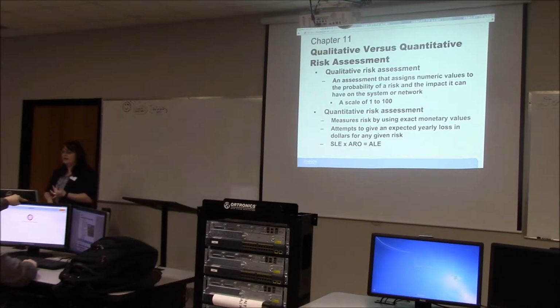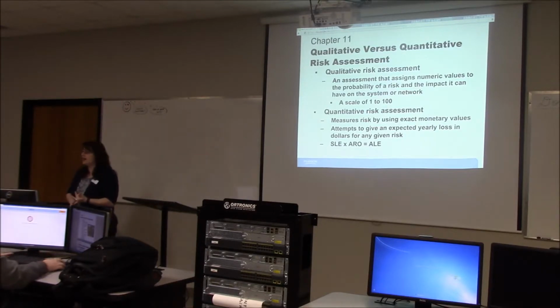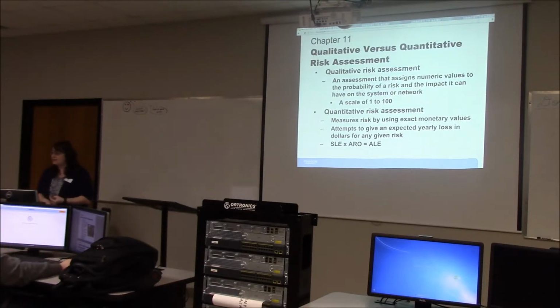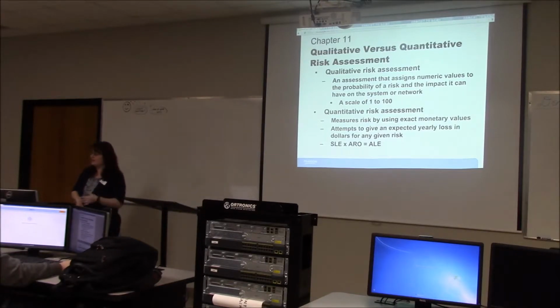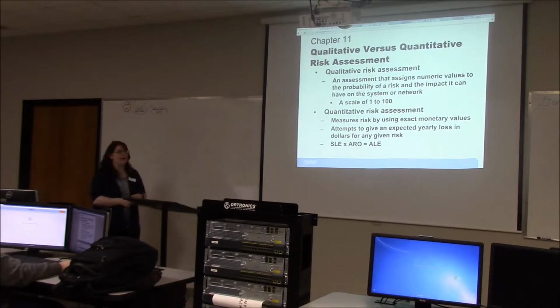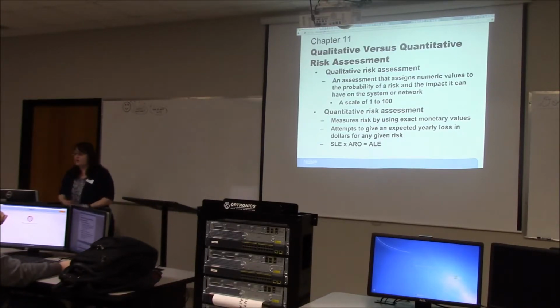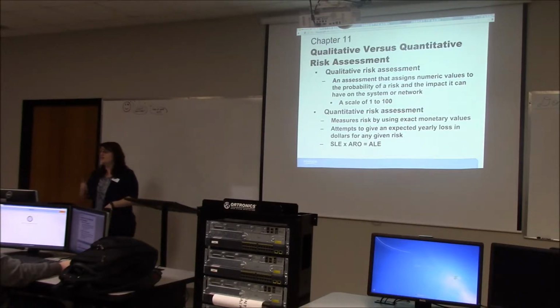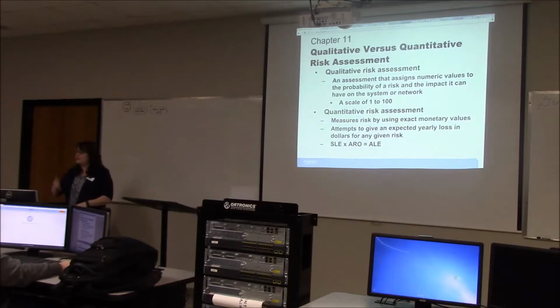That's saying, hey, every time this thing goes offline, it's going to cost me this amount of money. Every time this thing breaks, it's going to cost me this amount of money. The ARO is the annualized rate of occurrence. So how many times per year does that thing go down or break? You multiply those together and you get the annualized loss expectancy. What do I expect to lose every year from this thing breaking?